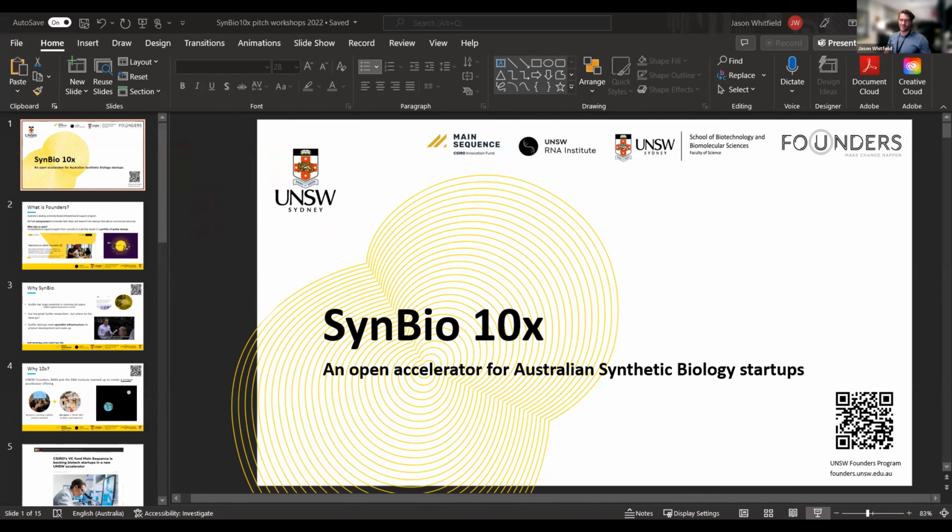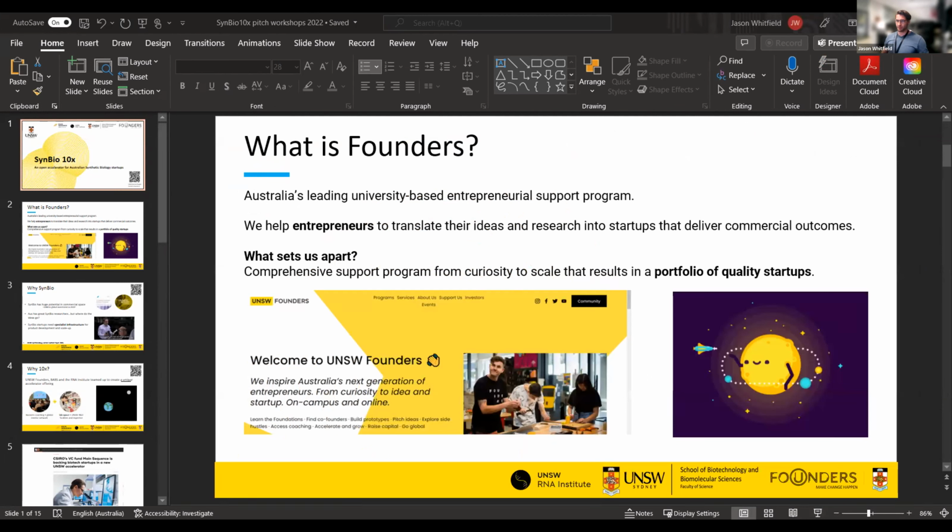So I'm Jason Whitfield. I'm the program manager for SynBio10x, which is UNSW Founders' new accelerator focused on helping early stage synthetic biology and biotech startups. Firstly, what is Founders? It's Australia's leading university-based entrepreneurial support program. Thanks for asking.